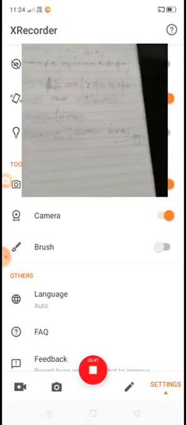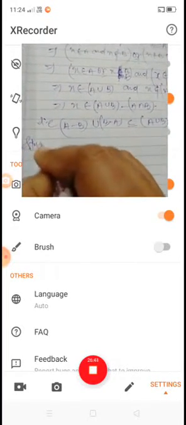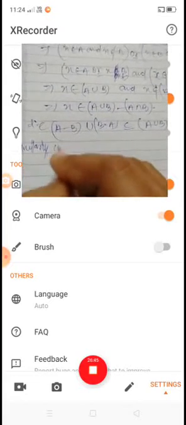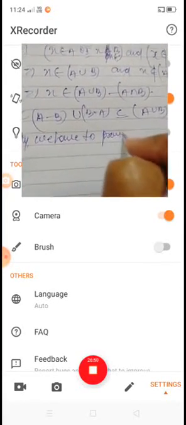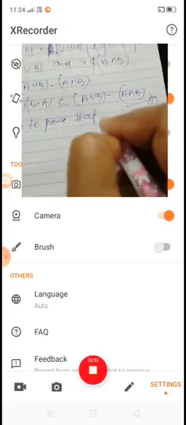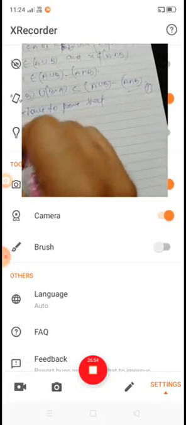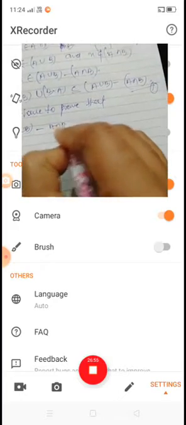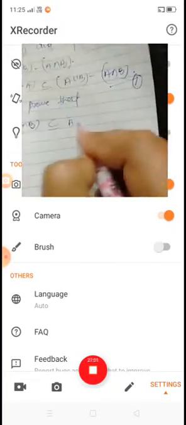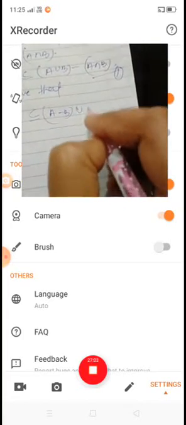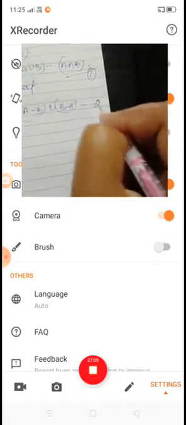Take equation 1. Similarly, we have to prove that A union B minus A intersection B is a subset of A minus B union B minus A. Take equation number 2.